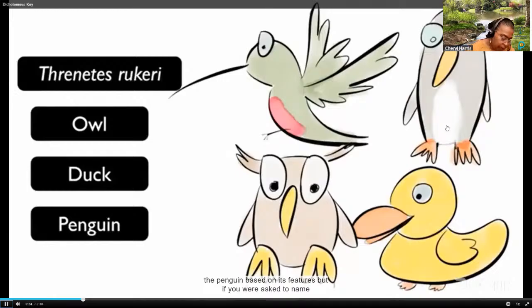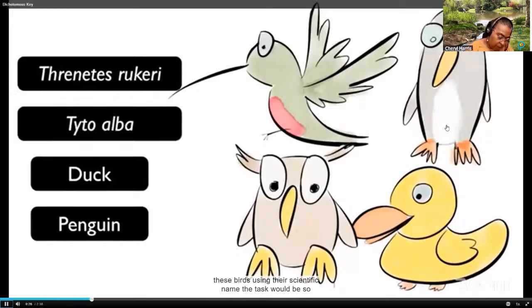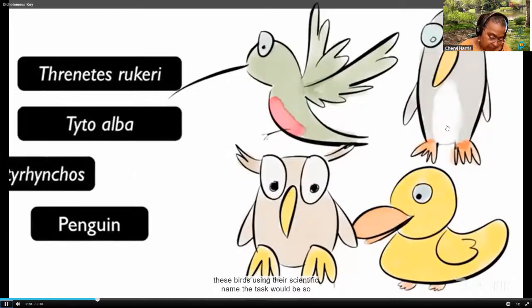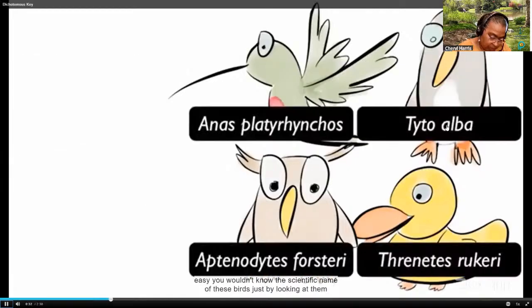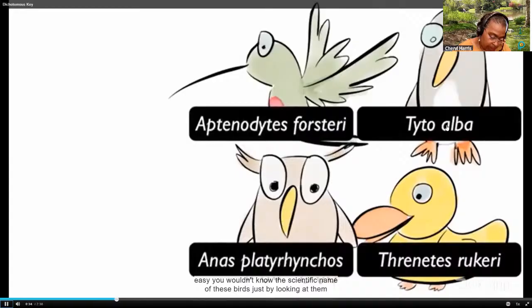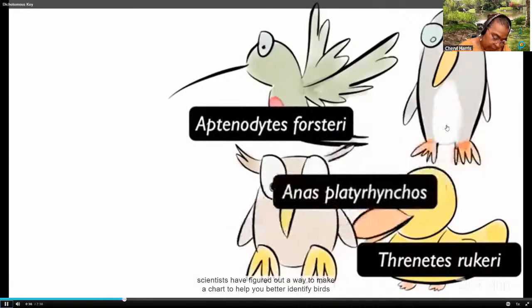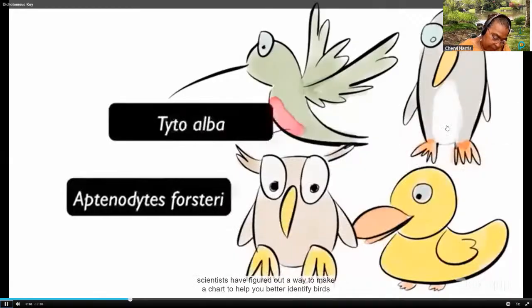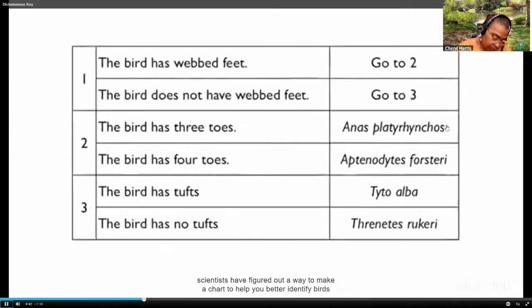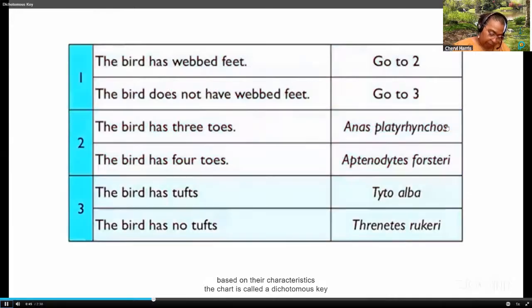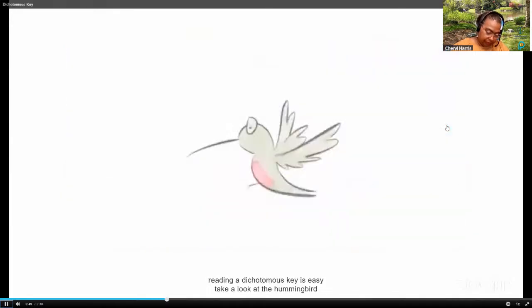But if you were asked to name these birds using their scientific name, the task wouldn't be so easy. You wouldn't know the scientific name of these birds just by looking at them. Scientists have figured out a way to make a chart to help you better identify birds based on their characteristics. The chart is called a dichotomous key.